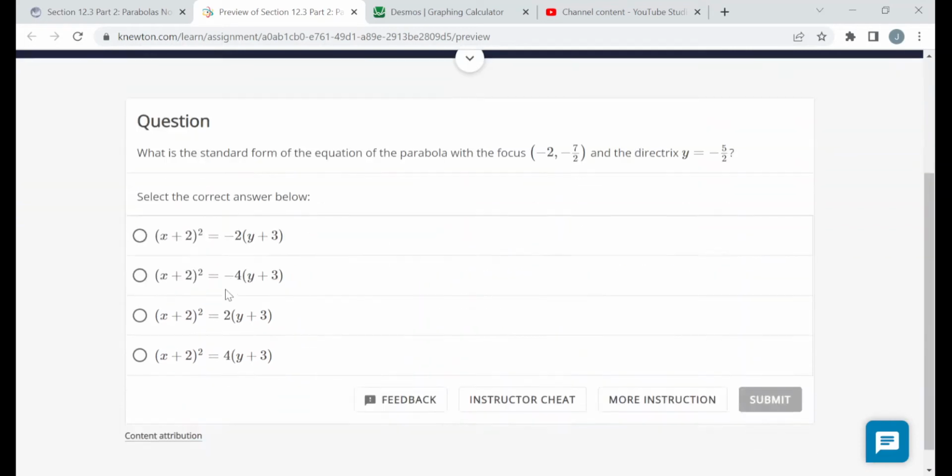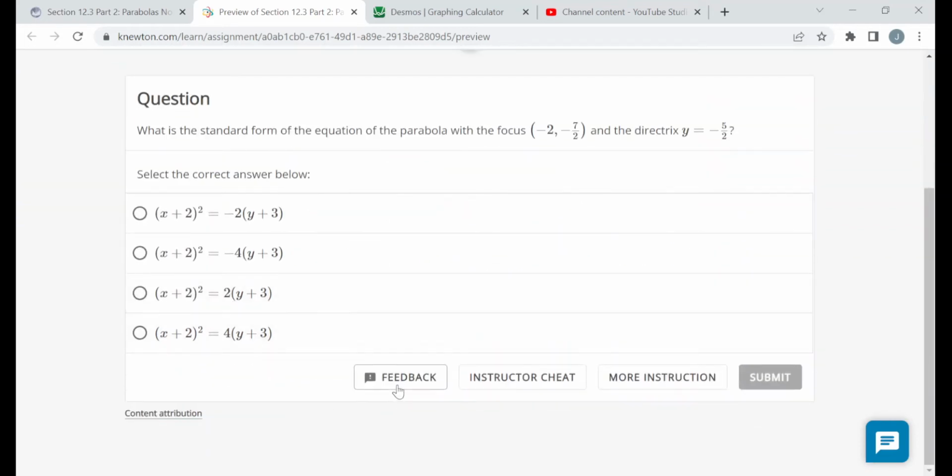At the bottom of every question should be a feedback button where you can send feedback to Knewton if you wish. You will not have this instructor cheat button. It's for instructors only. But you will have a more instruction button.